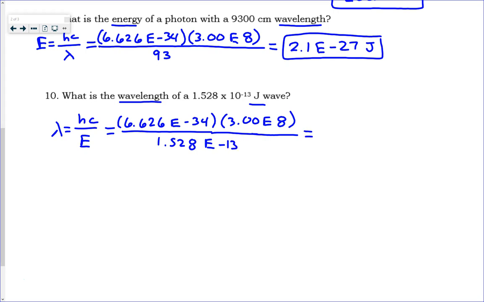And if you calculate that, you should get 1.30 times 10 to the negative 12th joules, or meters, because it's wavelength.